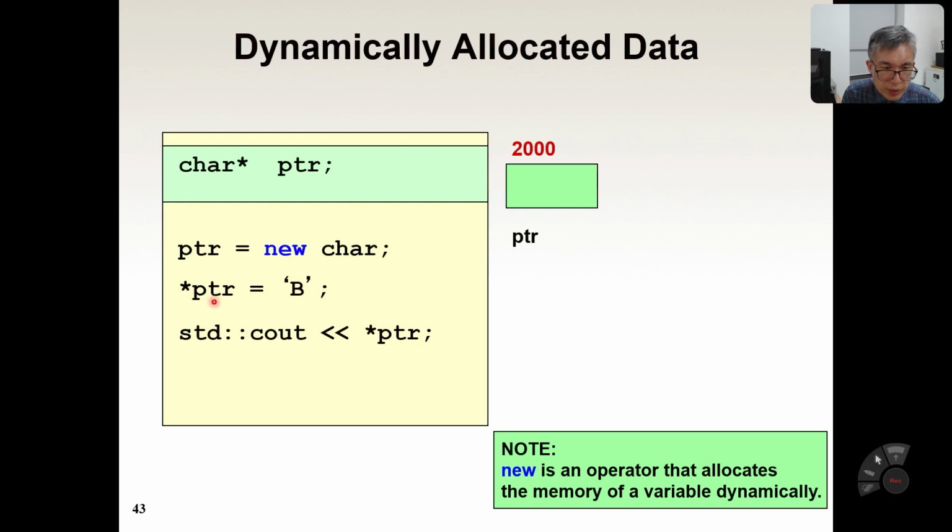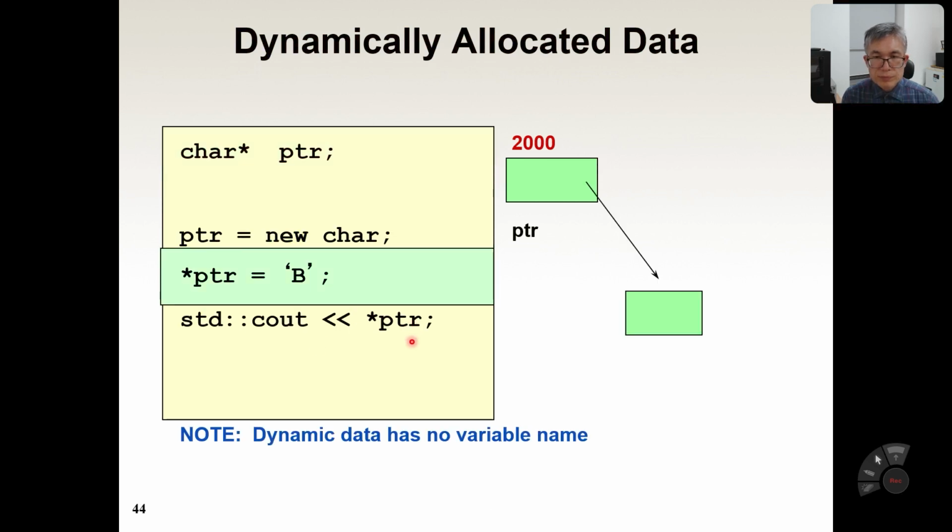Then *ptr on the left-hand side is the variable pointed to by ptr, and its value is initialized with the character B. Then we can print out to standard output stream.